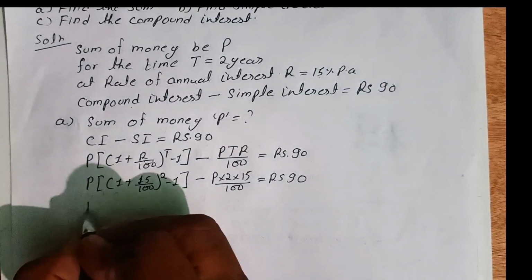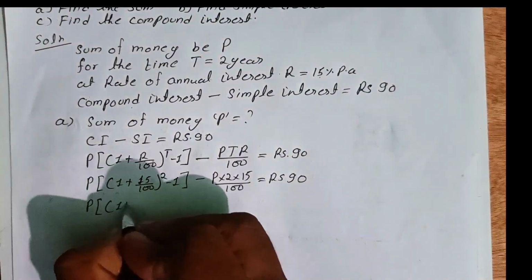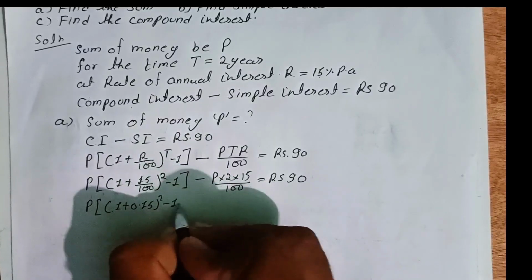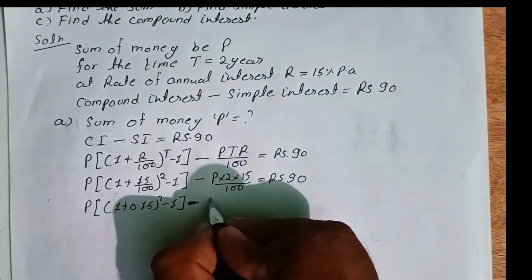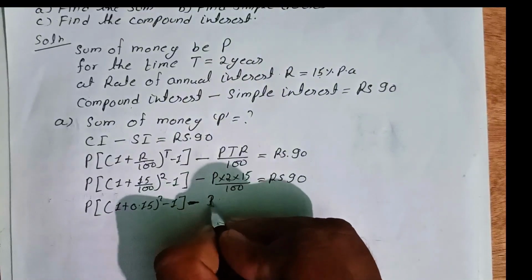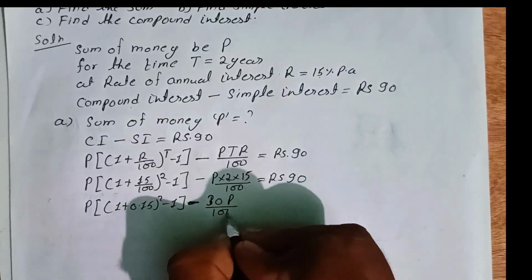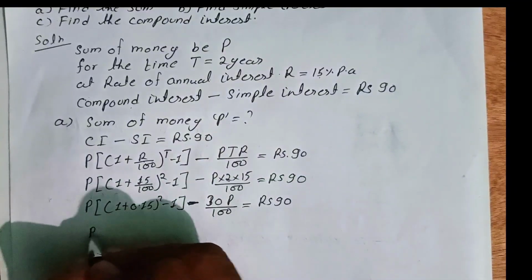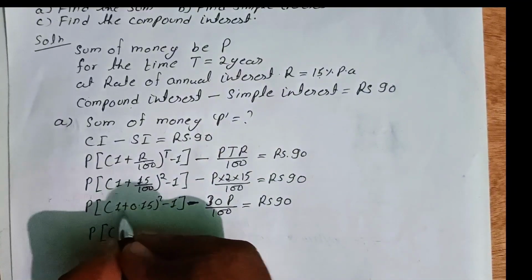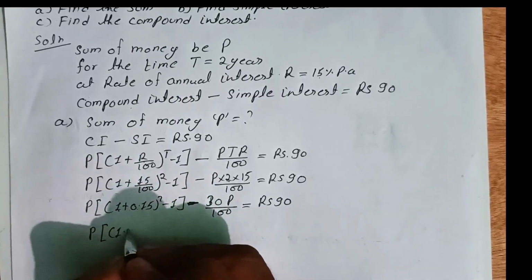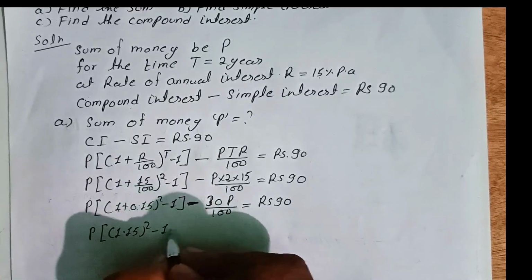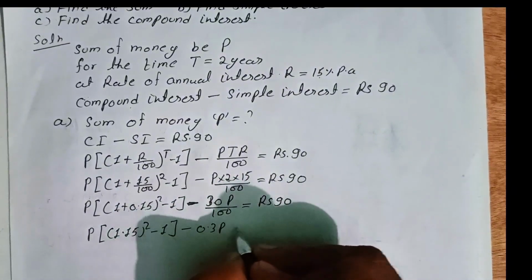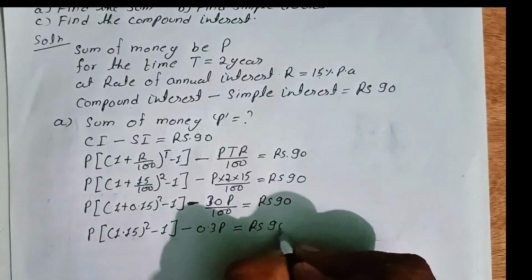Now 15 upon 100 becomes 0.15, and 2 times 15 becomes 30P upon 100, that is equal to Rs 90. Here 1 plus 0.15 becomes 1.15 square, minus 1, minus 30 upon 100, which becomes 0.3P, that is equal to Rs 90.